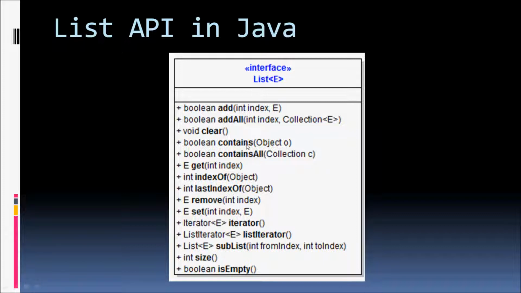It defines common methods that allow the programmers to manipulate elements in the list structure: add elements to the list, add over here, read elements from the list, get here, update elements in the list, remove elements from the list, and iterate through the elements in the list using iterator here, and so on.